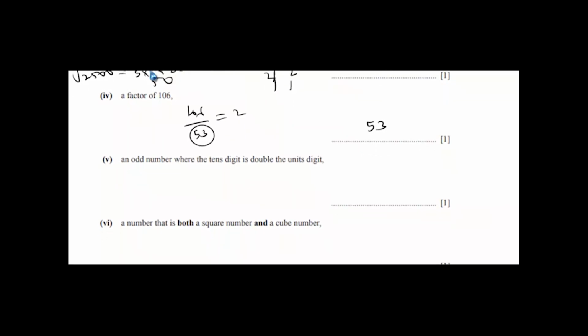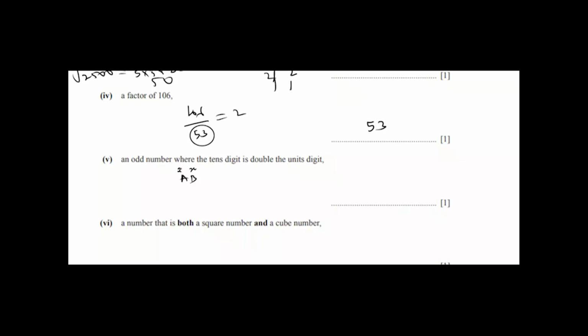An odd number where the tens digit is double the unit digit. So if you have something like AB as our answer, as the odd number, the tens, which is A, should be twice the B here.